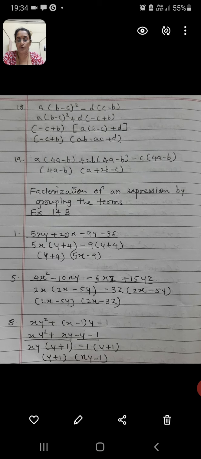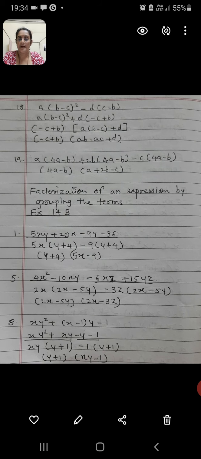Fine. So we got two groups. Now in each group we'll take the common things as we did in the previous exercise. In 5xy plus 20x, what is common in the numerical coefficient? 5 is common, and in the literal x is common. The same way we did it in the previous one, we are going to do it here. What is remaining? y plus 4 is remaining.